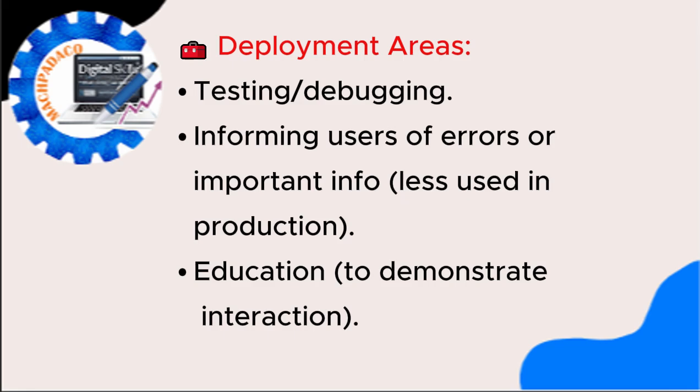Deployment areas. It is used for testing and debugging, informing users of errors or important info. It is less used in production. It is also used for educational purposes to demonstrate interaction.